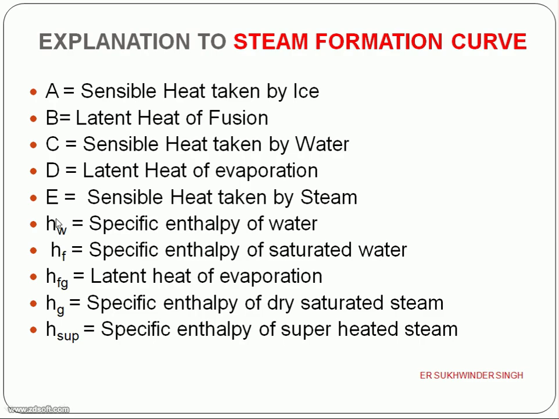H means specific enthalpy. We know that the capital H is known as the enthalpy. When we divide the capital H per unit mass, it becomes a specific term, that is the specific enthalpy. HW means the specific enthalpy for water, HF means the specific enthalpy for saturated water. Saturation is generally used for the 100-degree curve, the saturation curve, which is divided into two parts.